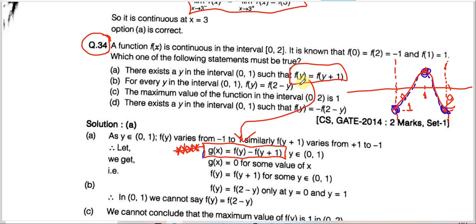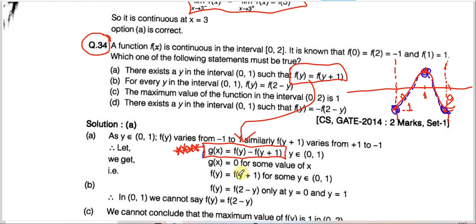And now for this to be equal, if the difference of these two is a function, this g of x, it means g of x should be 0, then only it is possible. So is this function possible?